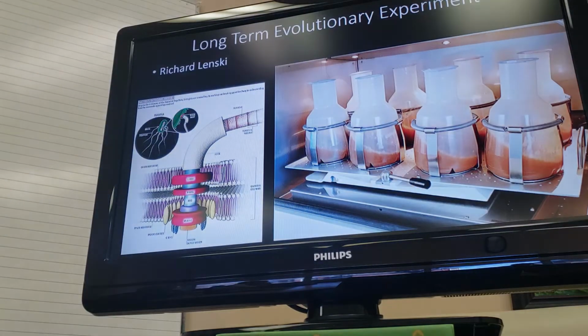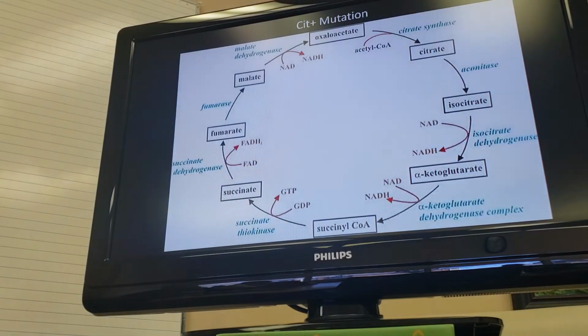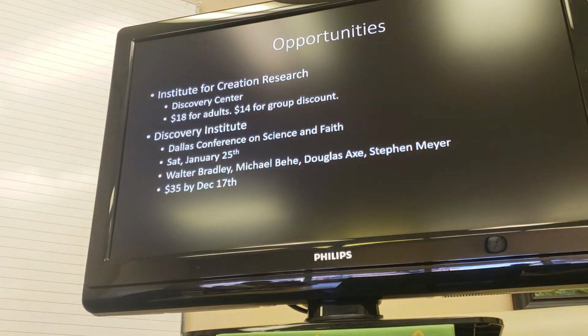Okay, so before we take off, we can skip all that. I wanted to invite you guys, we want to try and get together a group that goes down to the Discovery Center at the Institute for Creation Research here in Dallas. I've been volunteering there, it's been open since September. It's $18 for adults, but if we get 12 or more, it's $14. So if you guys are interested in that, we can start talking about maybe planning.